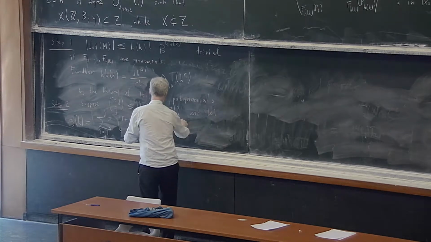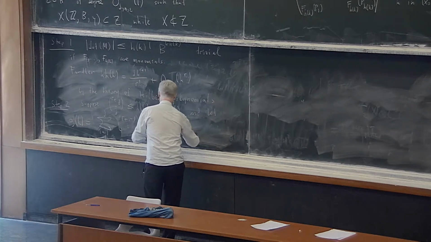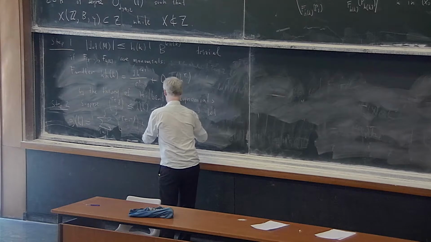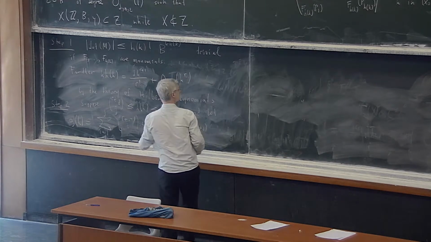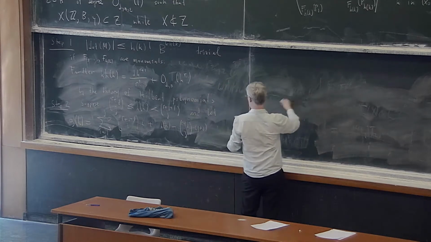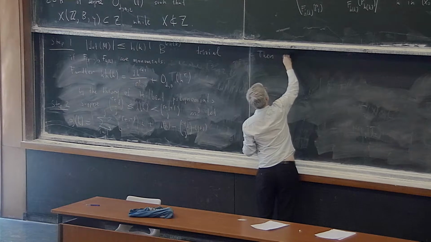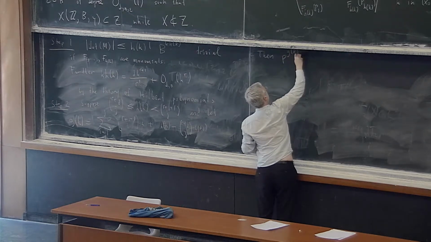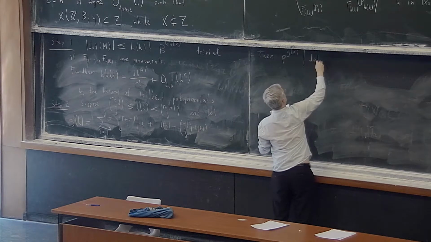So let me just give the statement only numerically here, times J plus 1. So if that is true, then I will have that p to the J of K will divide the determinant of M.